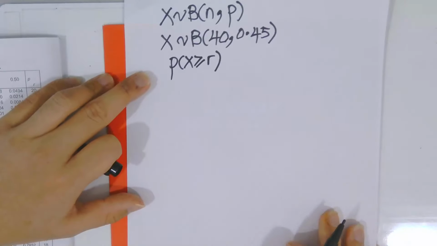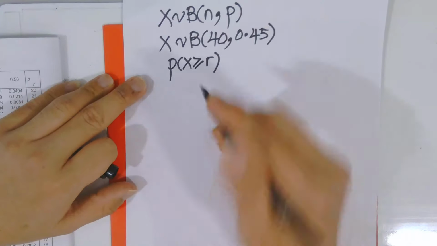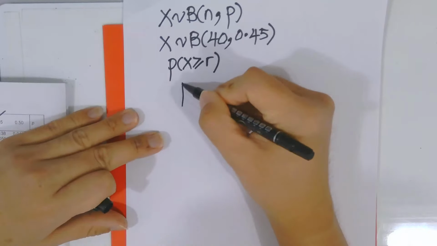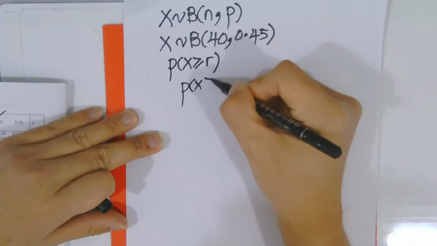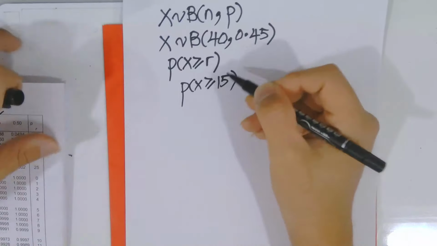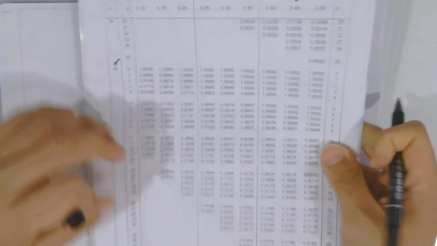Now, I'm going to tell you that our statistical table for the binomial distribution is in this format, where it is P(X greater than or equal to r). What's the meaning here? For example, if I want to find the value of P(X at least 15), very simple.